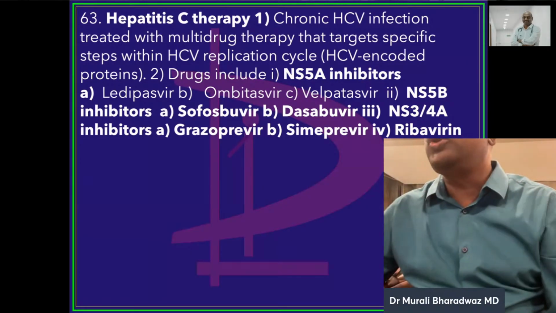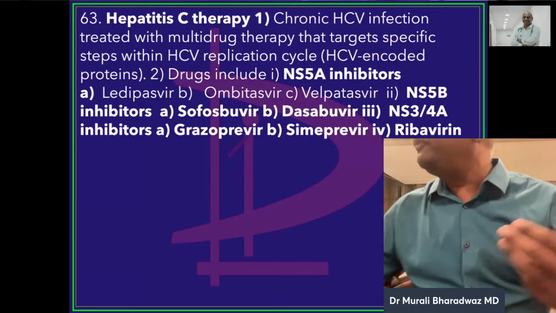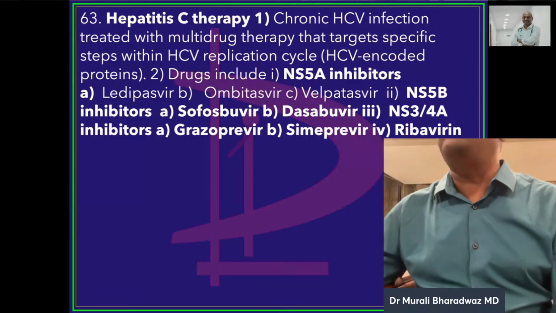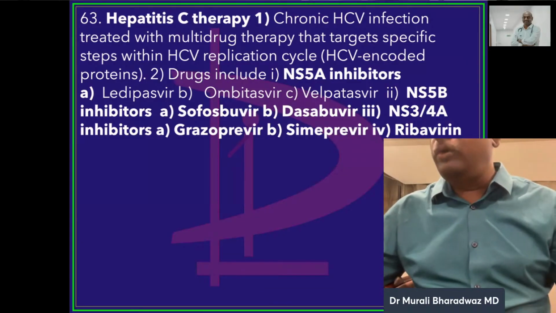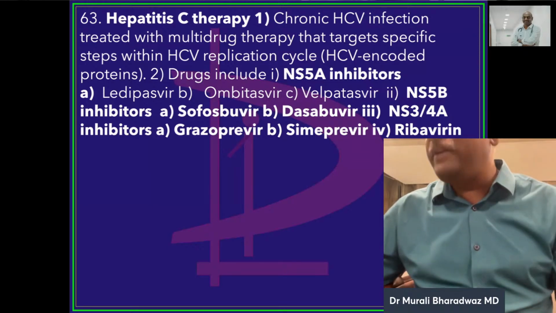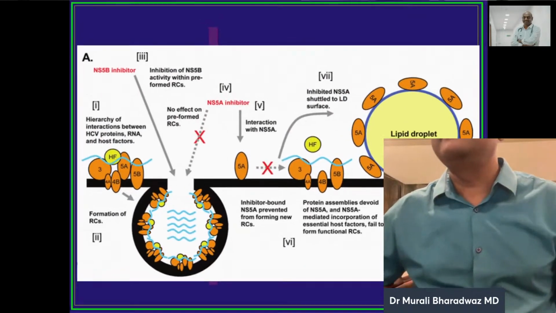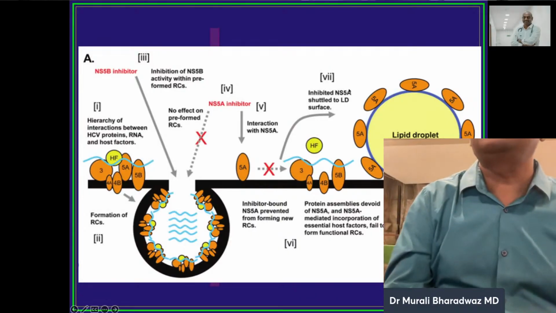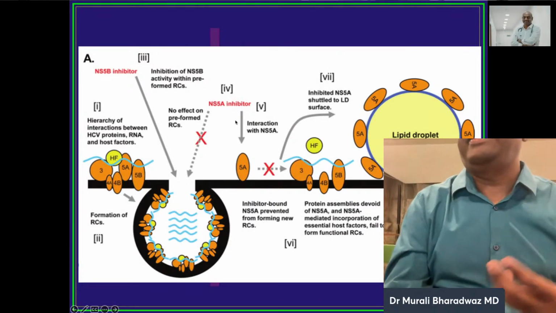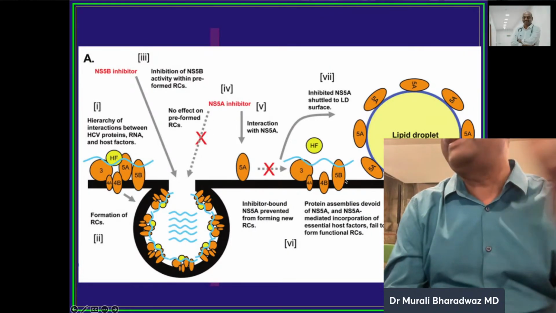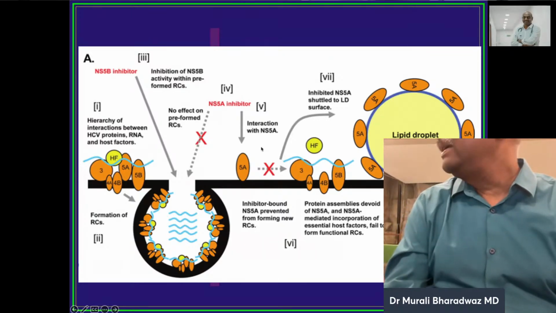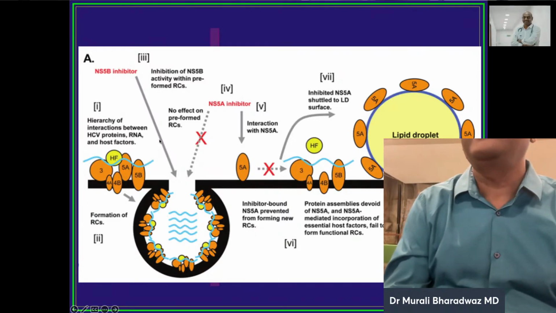NS5B: sofosbuvir, dasabuvir. NS3-4A: grazoprevir, simeprevir, ribavirin. So there are various levels in the viral replication at which all these drugs come in. These things will go and inhibit.